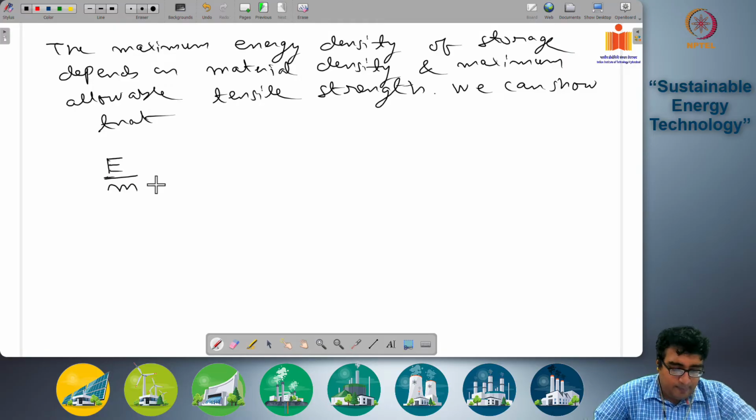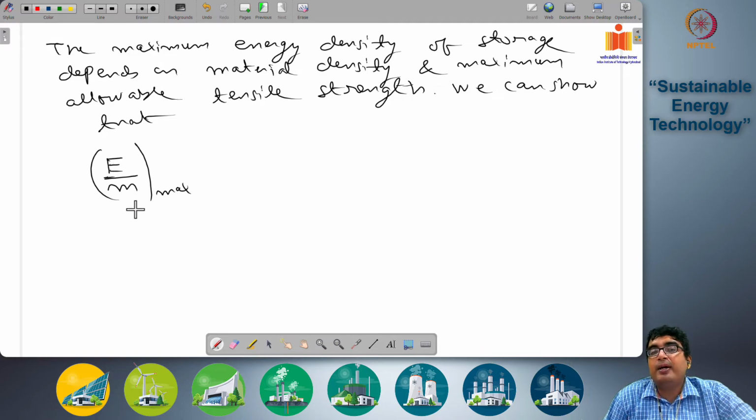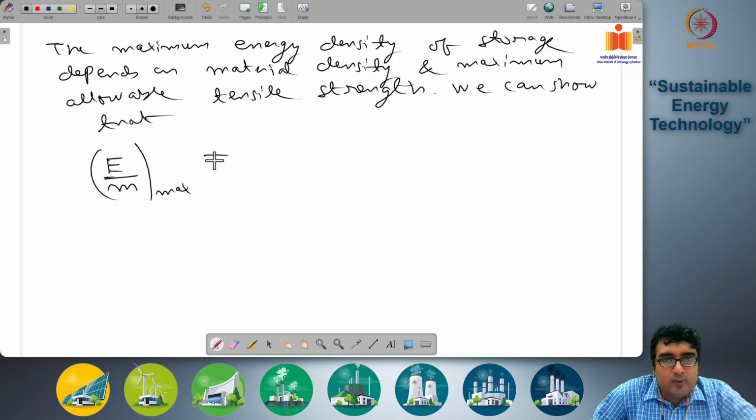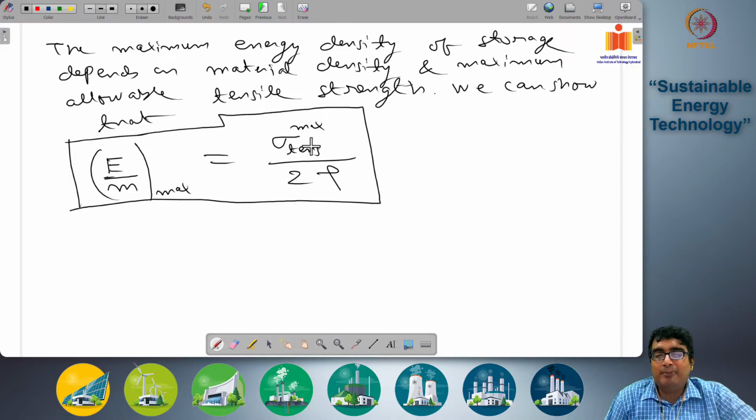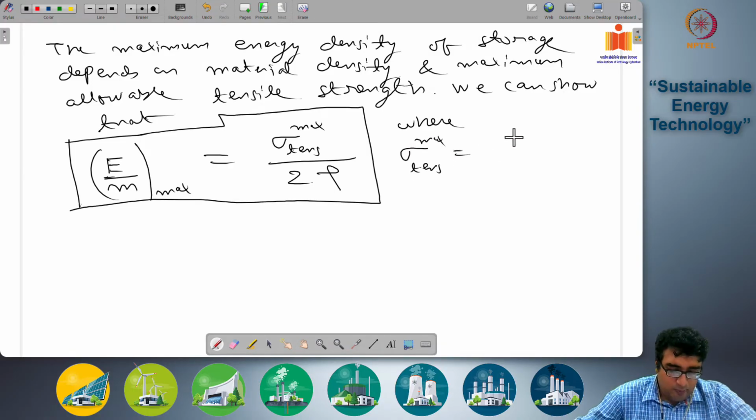E by M max. So the maximum energy stored per unit mass of a flywheel system is equal to sigma tensile max by 2 rho. Okay. So this is the specific energy density. The maximum specific energy density is equal to the maximum tensile stress of the material divided by 2 rho. Okay. Where sigma tensile max equals rho omega square r square.